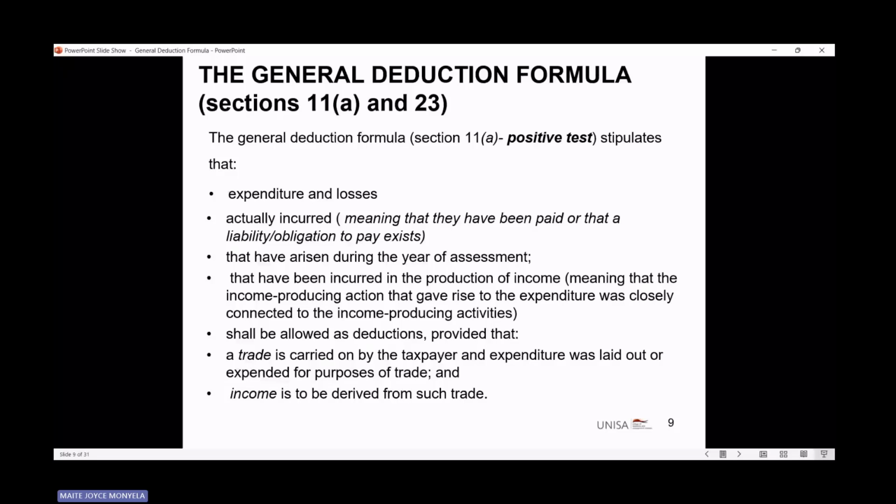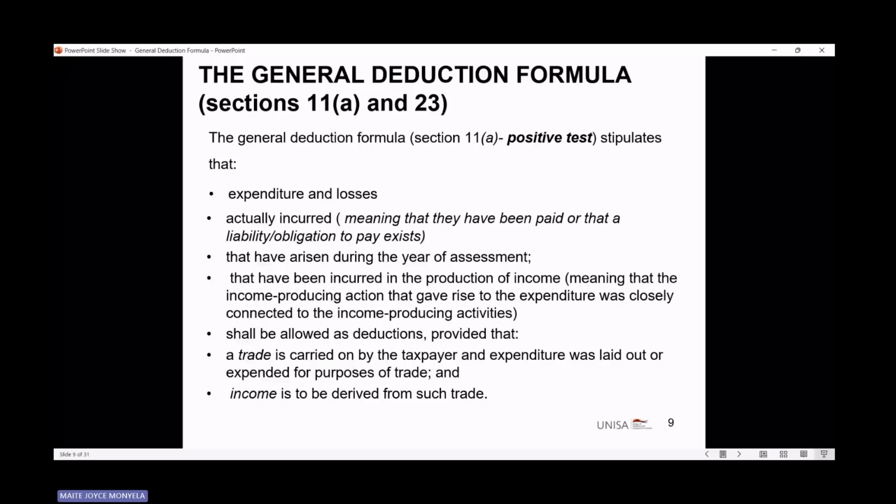It shall be allowed as a deduction provided that a trade is carried on by the taxpayer, the expenditure was laid out or expended for the purpose of trade, and income is to be derived from such trade.